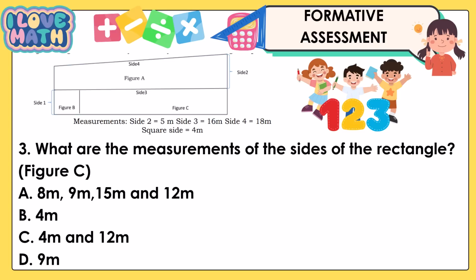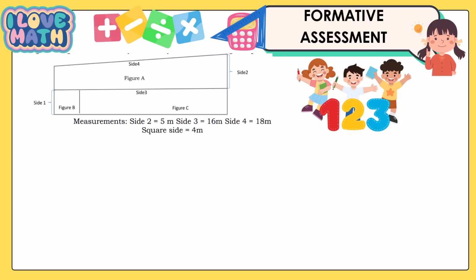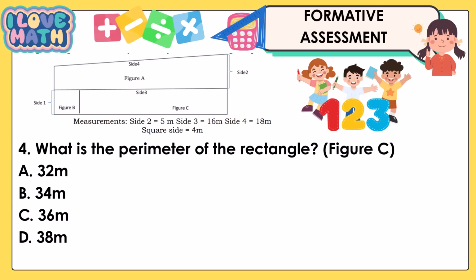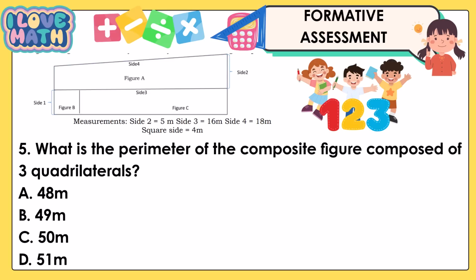What are the measurements of the sides of the rectangle, figure C? Number 4. What is the perimeter of the rectangle, figure C? Number 5. What is the perimeter of the composite figure composed of 3 quadrilaterals?